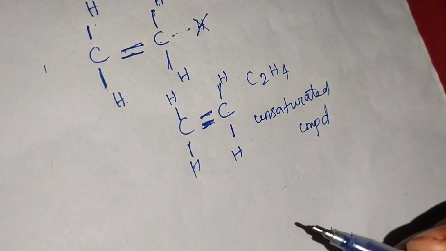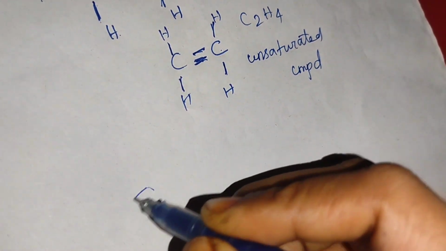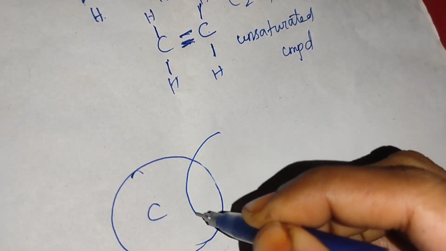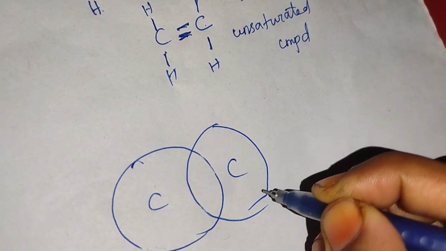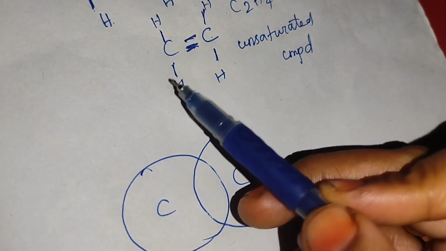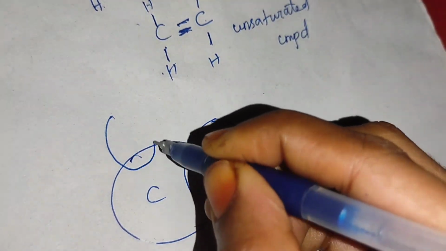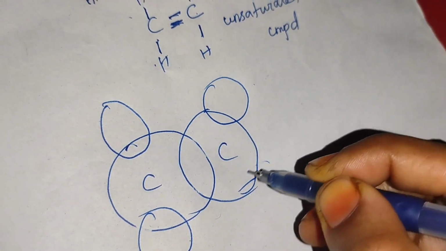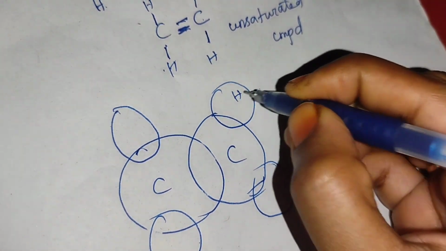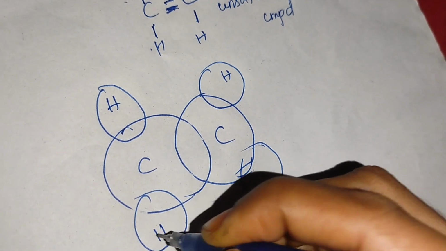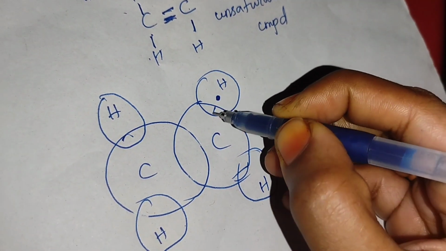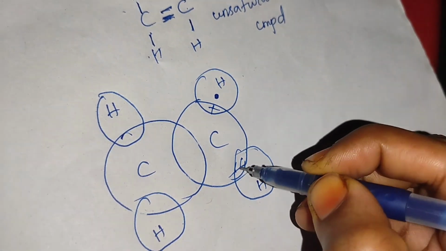Now for the electron dot structure, you have to draw a carbon atom here and another carbon atom here. This carbon is joined with 2 hydrogens: upside 1 hydrogen, downside 1 hydrogen. For the other carbon also, 1 hydrogen up and 1 hydrogen down. One hydrogen electron and 1 carbon electron.